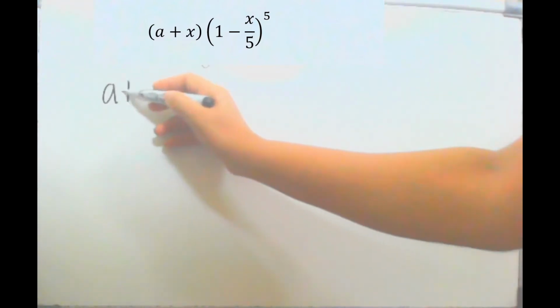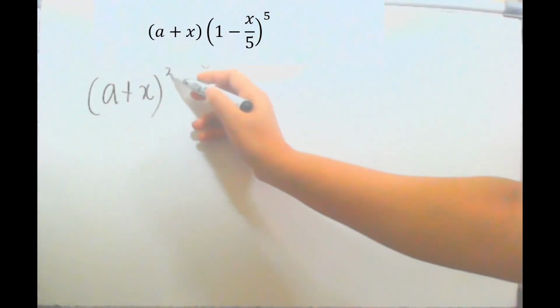So now we have to multiply these two brackets and look for the terms of x in the ascending order. Alright, so let's expand the brackets separately first so that it is easy to multiply the terms.